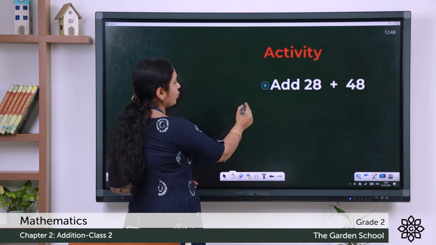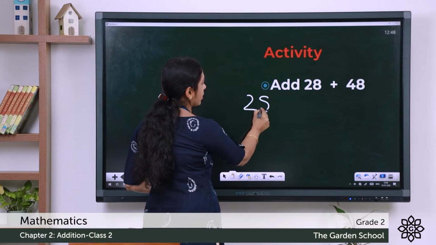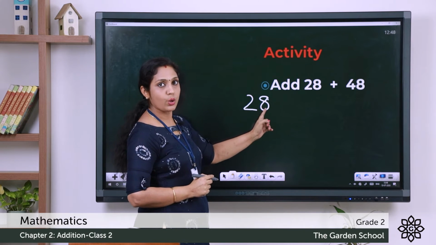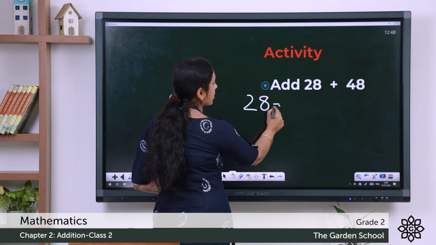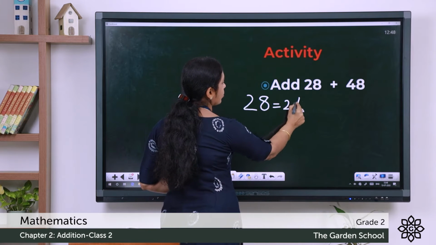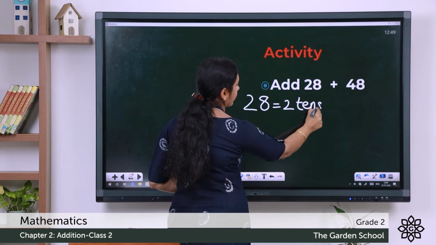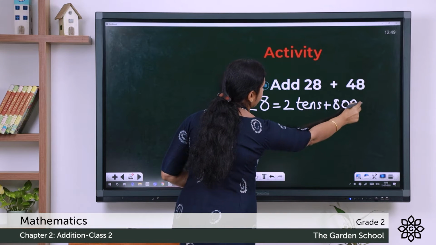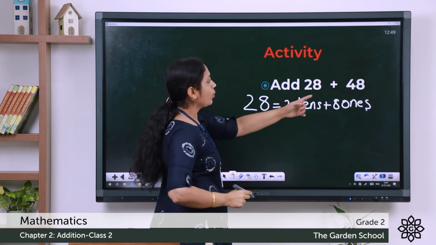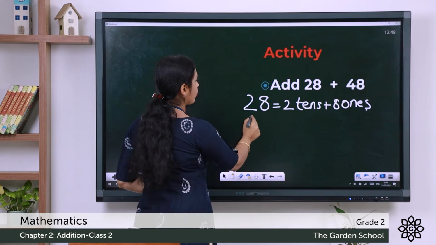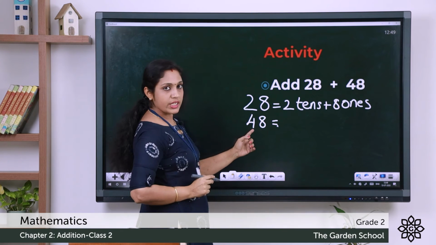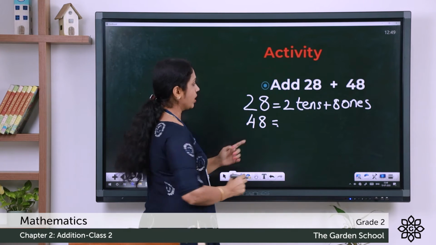Here we have 28. That means 2 tens and 8 ones. So, we write it as 2 tens plus 8 ones. The next number we have 48. So, we will write 48 has 4 tens and 8 ones.